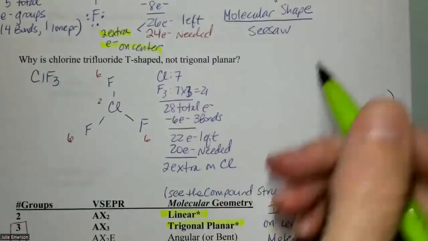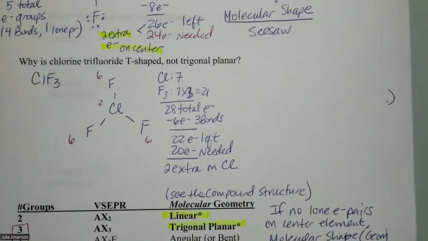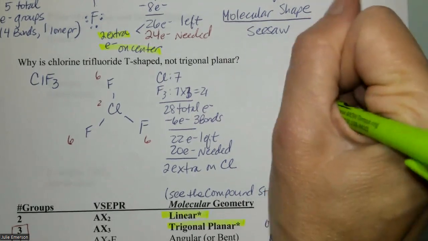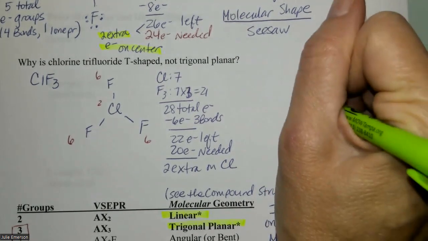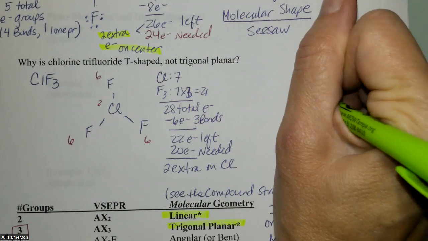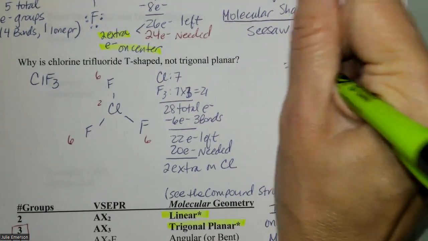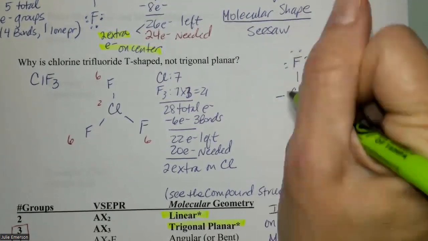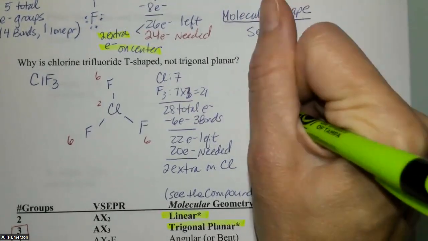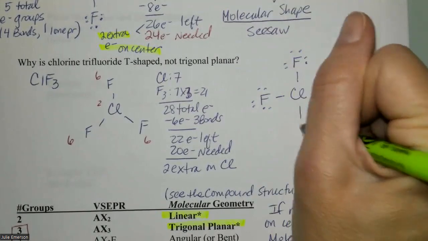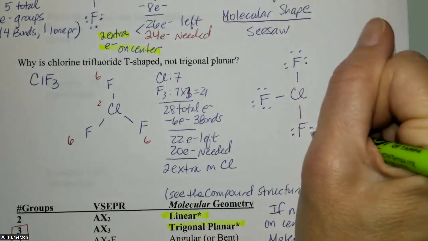So I'm going to start again over here. So what we end up with is, actually, let me do it this way. I was going to try to draw it 3-dimensionally, but it's not going to help you anyway. So we're going to have chlorine bonded to fluorine, 3 lone pairs. Then another fluorine, 3 lone pairs, and then another fluorine with 3 lone pairs.